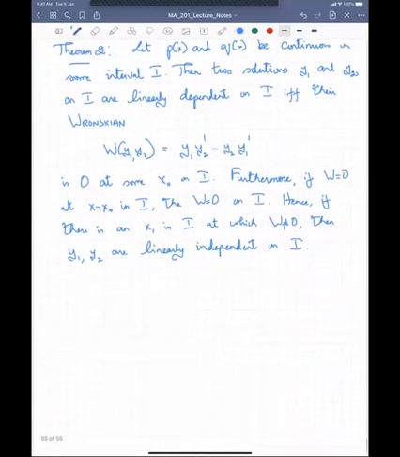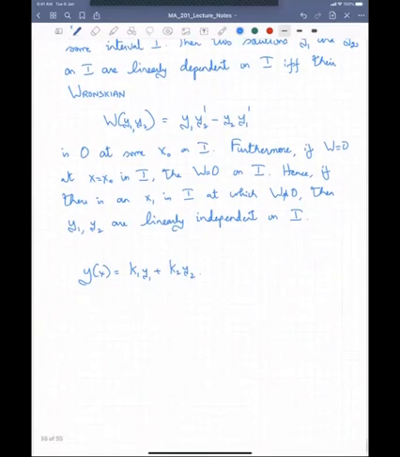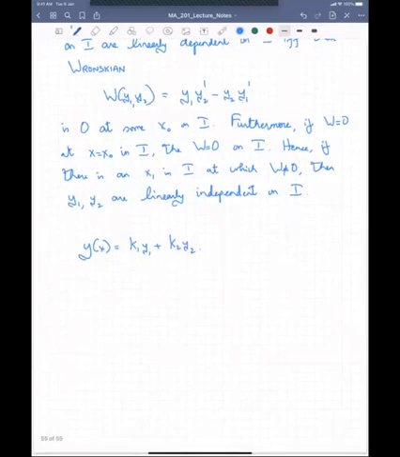So thus far, we have defined linear independence of the solution in the following way. I wrote y of x equals some k1 y1 plus k2 y2. And then I told you that if the solution for k1 y1 plus k2 y2 equal to 0 is only the trivial solution where k1 equals k2 equals 0, then y1 and y2 are linearly independent.